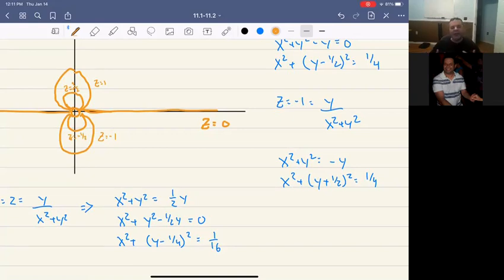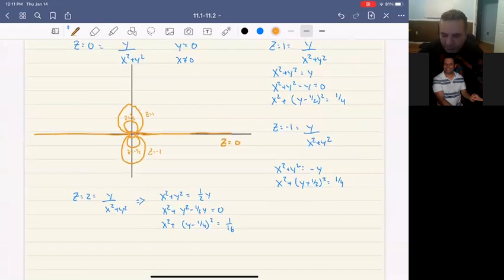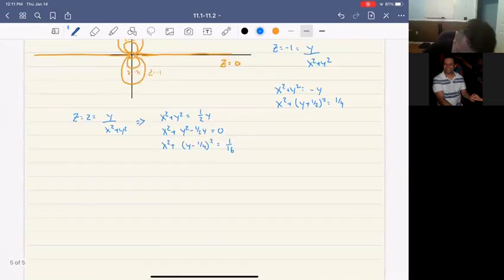Let's try a different z value. Let's try z equals 1/2. Oh, I just did the other side too, right? That's clear. You can see that, right? Let's try z equals 1/2 and see what happens.